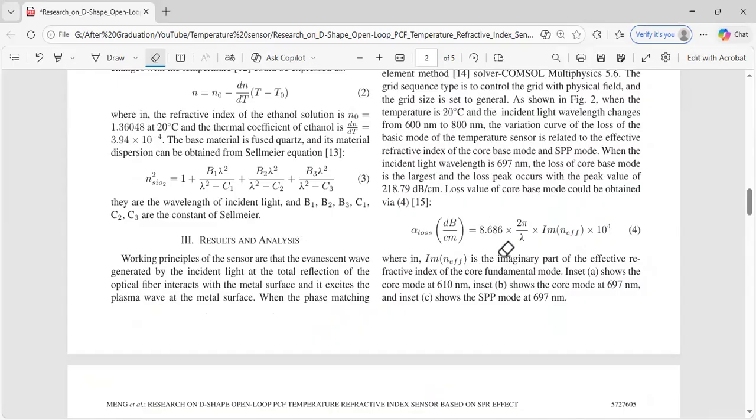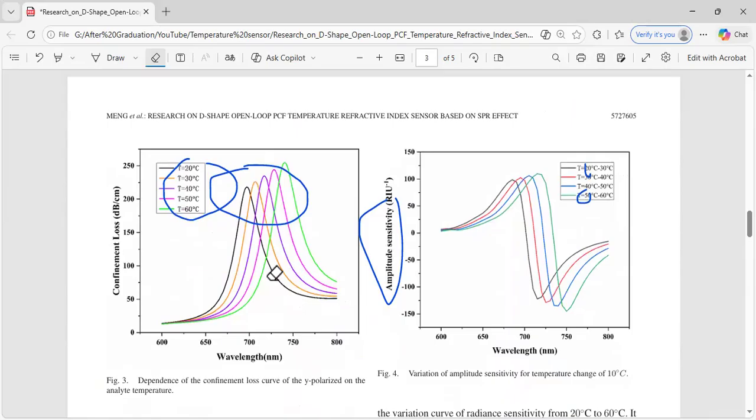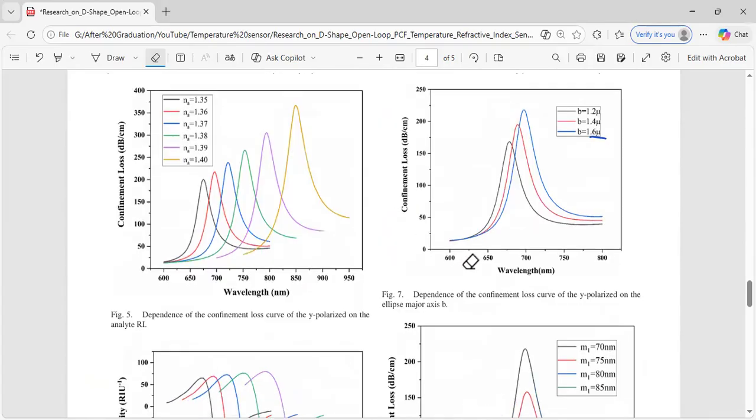So the problem is, 20 to 60, right? Okay, I got it. So here you can see in their model.